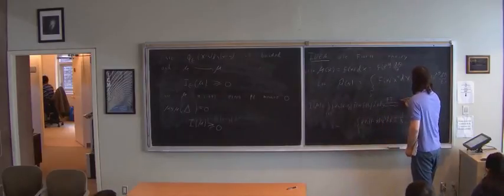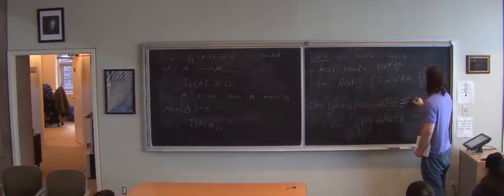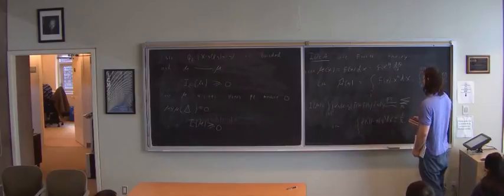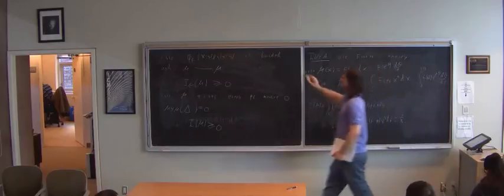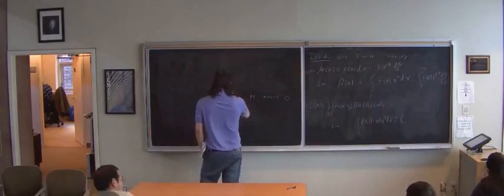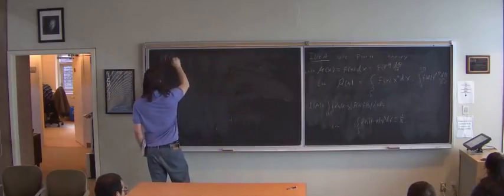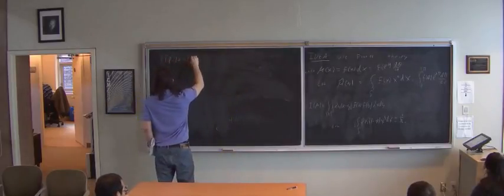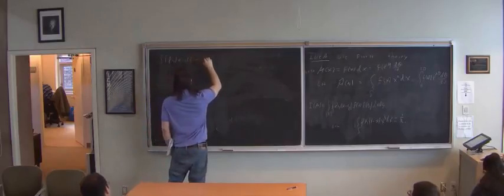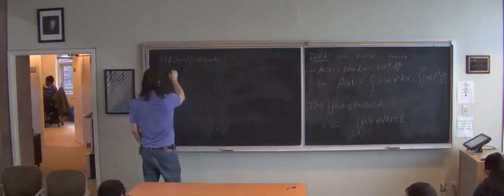this is the sum over n. If you convolve this, maybe I'll do it in full. I'm going to do it in full up here. Let's make the steps. So we're going to change variables.